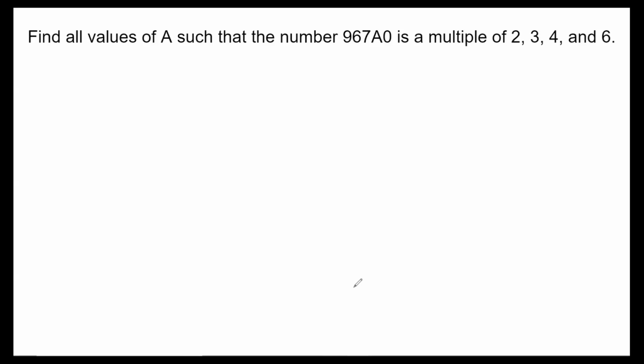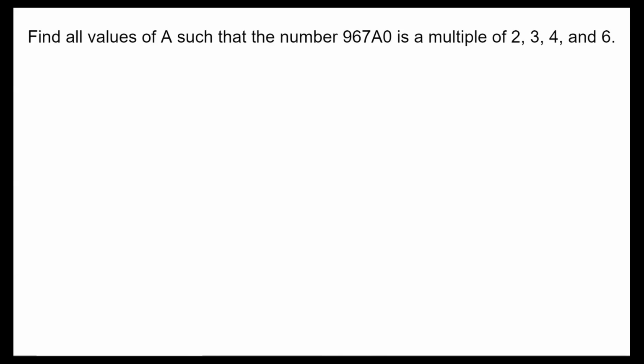Keep in mind, a can also be 0. It can be anything from 0 to 9 since it's a digit. Okay, since we're almost out of time, let me just start doing the problem.